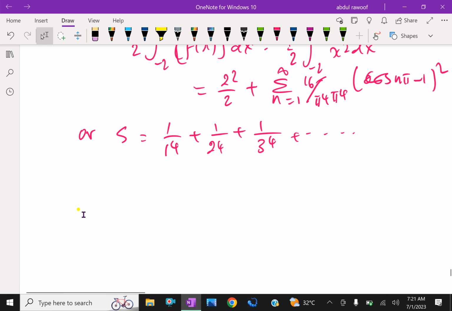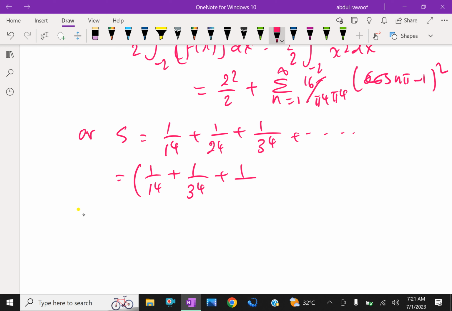Like here, we split the series as 1 power 4 plus odd additions 1 by 3 power 4 plus 1 by 5 power 4 plus even additions 1 by 2 power 4, 1 by 4 power 4, 1 by 6 power 4.